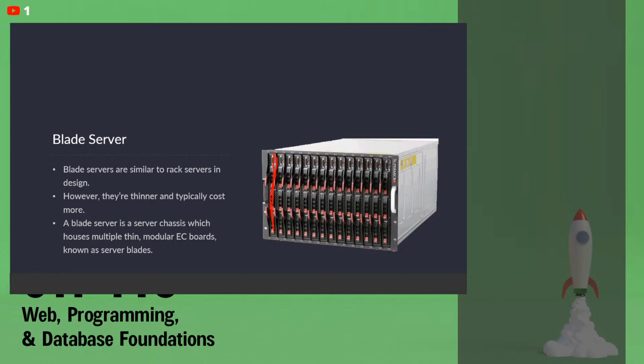But because of this form factor, because of the smallness of the technology, it's a lot more expensive. So we don't see these as much in specific enterprise applications. If you're using a big enterprise application for a company that makes a lot of money, they might have blade servers.